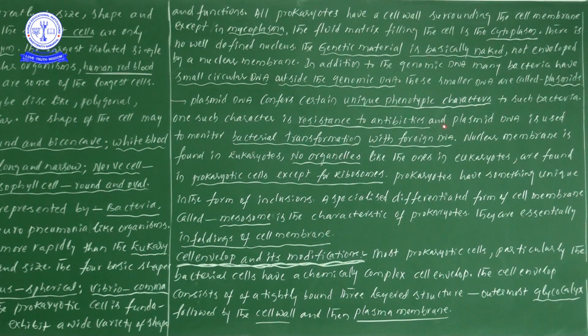Next, plasmid DNA is used to monitor bacterial transformation with foreign DNA. So what is the point? One more point: the plasmid DNA of bacterial cells we will use for the transformation of foreign DNA.